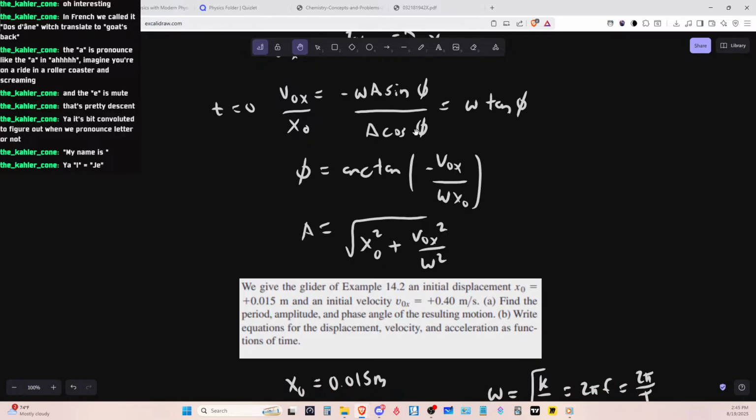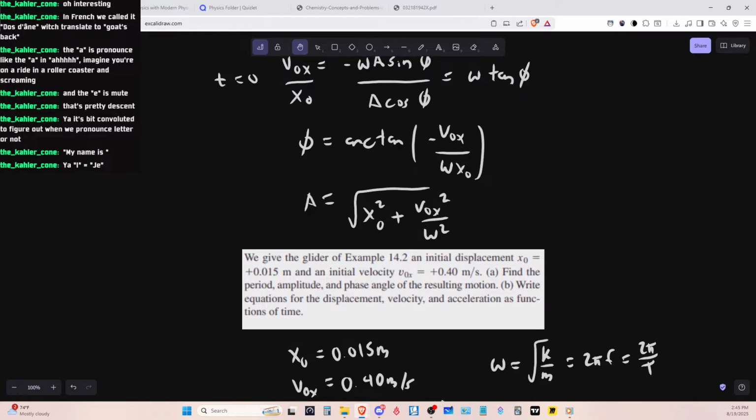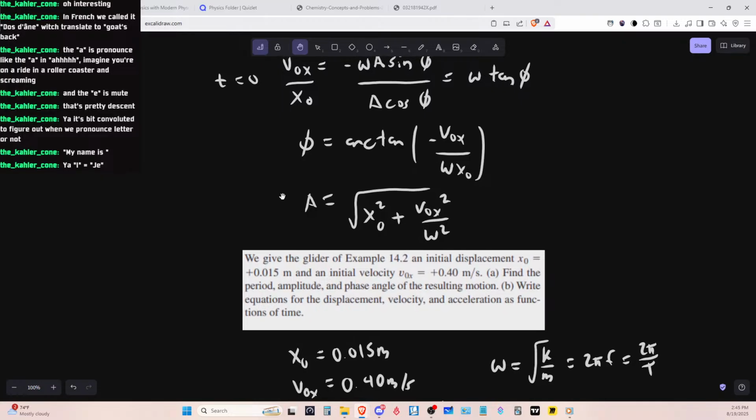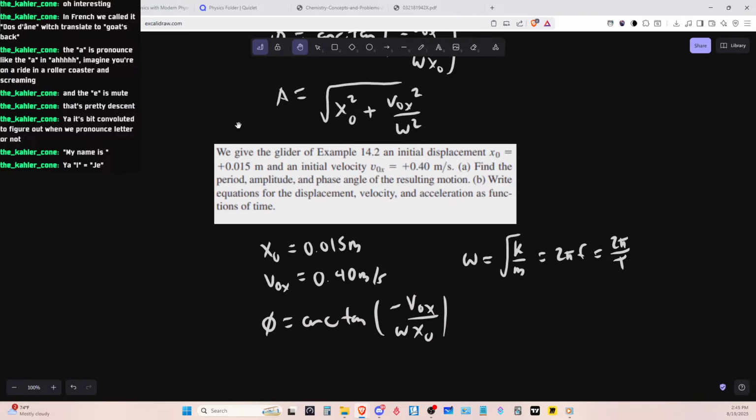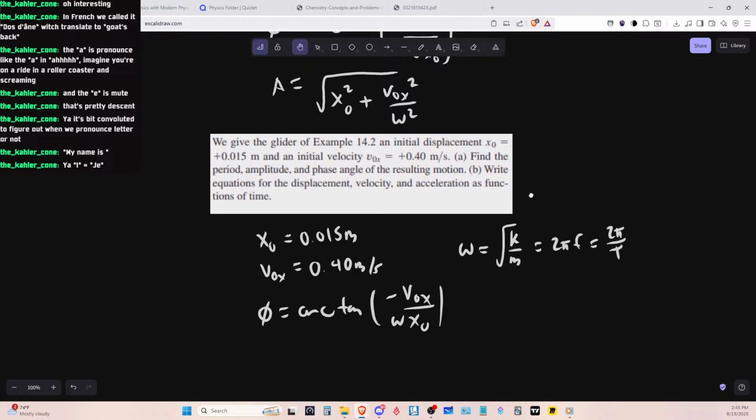Oh, we can probably work with this relationship. But we still don't know what the phase shift is. But I feel like it might help somewhere. Omega.